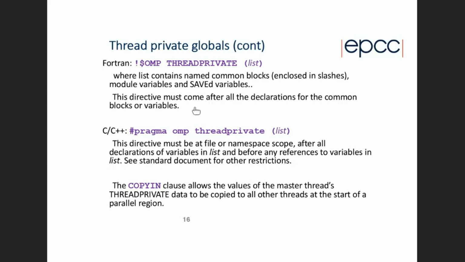And that has to come after all the declarations of those variables. Similarly for C++, the directive must be at the file or namespace scope. It must come after all the declarations and before any references to the variables that are in the list. And there are a few other restrictions you have to take care of as well.